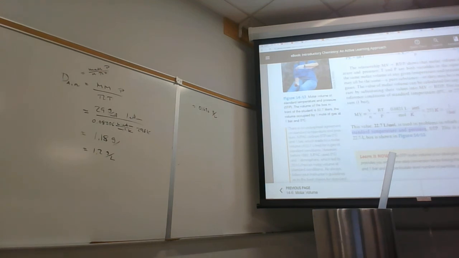We need to convert that into atmospheres. Do you know the conversion? 1 atmosphere is equivalent to 1.01325 bar. So let's make sure the units work out. Kelvin cancels, atmospheres cancel, bar cancels, and we're left with liters per mole. What we end up with here is 22.7 liters per mole.